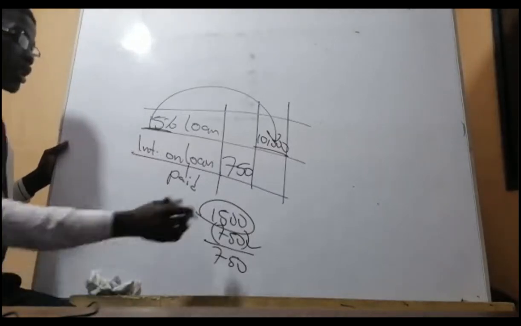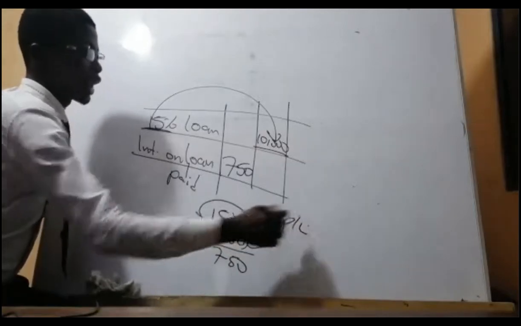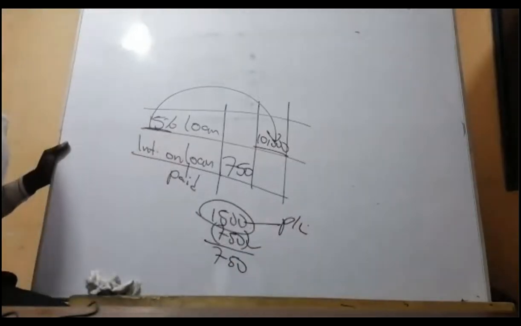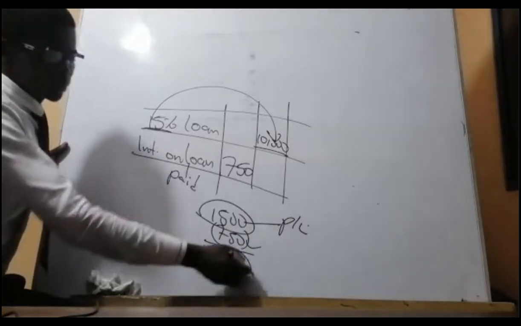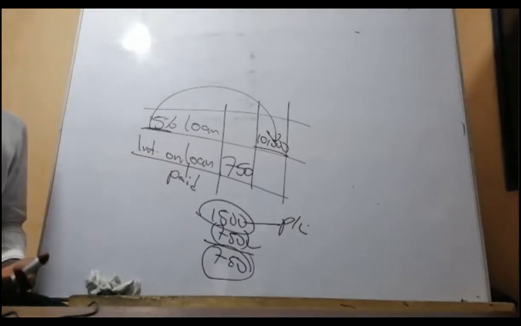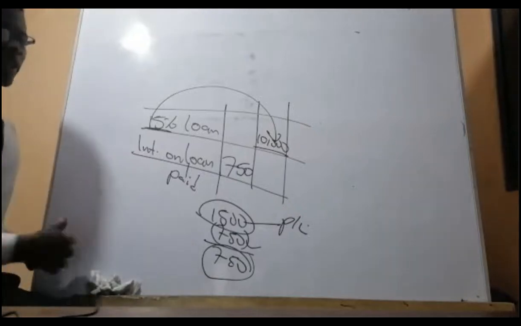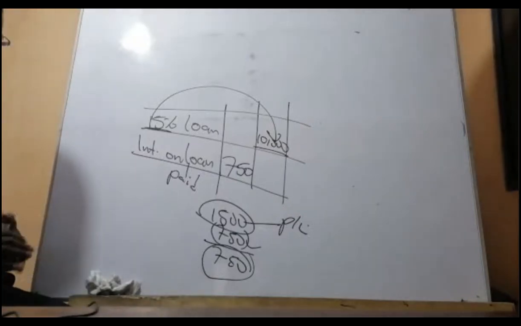So this 1,500 goes to the P&L. Are you owing them? Yes, you are owing a balance of 750. And we say owings are liabilities. And this liability is a current liability, so you add it to your current liabilities. So that's how you do it.